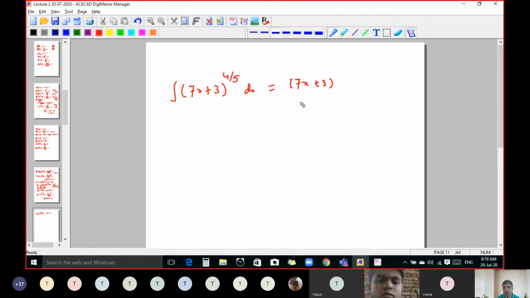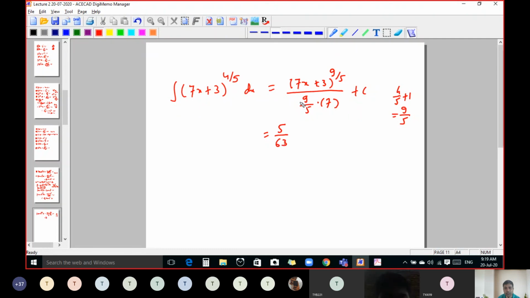Now see, 4 by 5 plus 1, if we take 5 LCM, we get 4 plus 5, 9, so 9 by 5. So here we get the answer 9 by 5 upon 9 by 5 into coefficient of x, that is 7, plus c. And if we simplify, we get 9 into 7, 63. Taking this 5 in numerator, we get 5 divided by 63 into (7x plus 3) whole raised to 9 by 5 plus c.